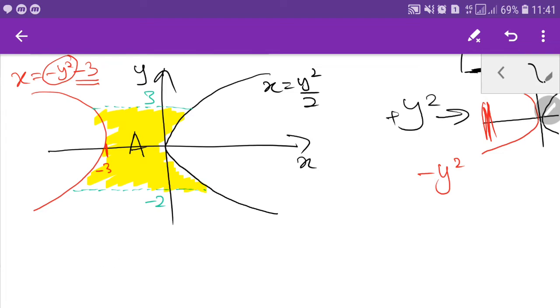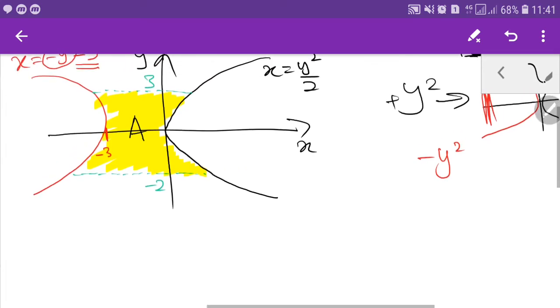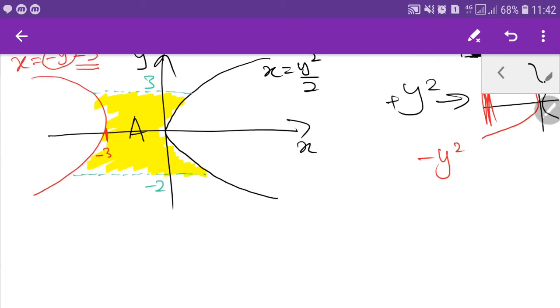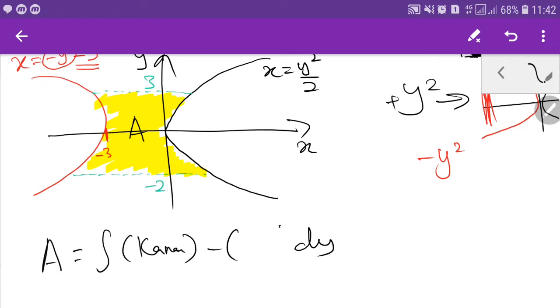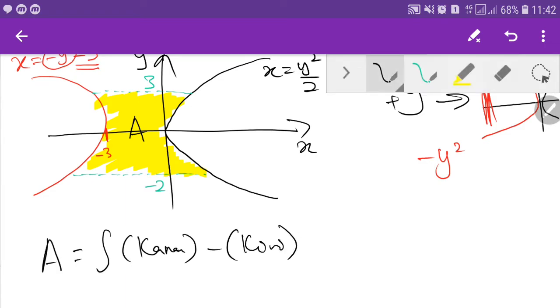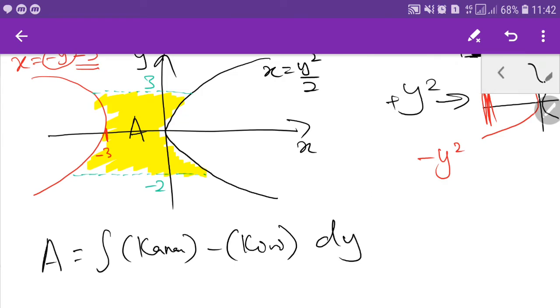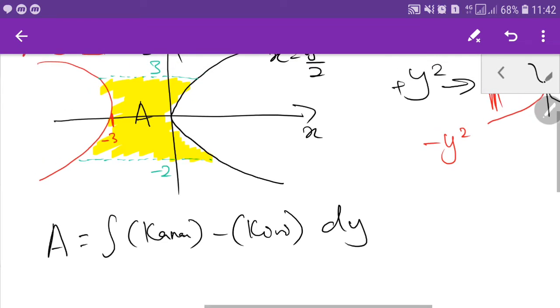Now if it's in terms of y, so it must be kanan tolak kiri. So our A, in terms of y, is supposed to be kanan tolak kiri.